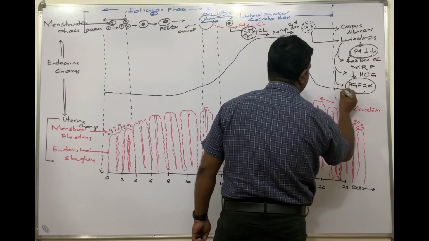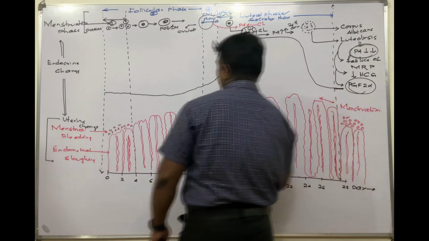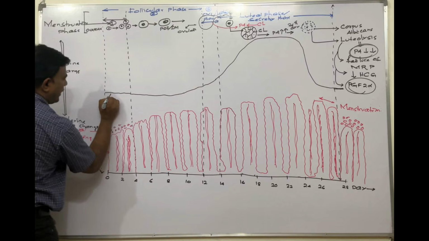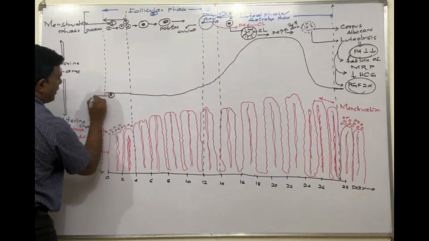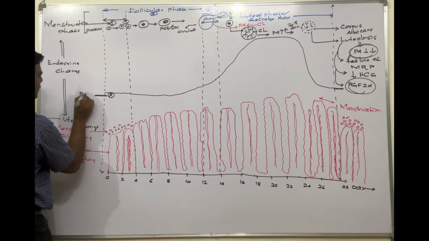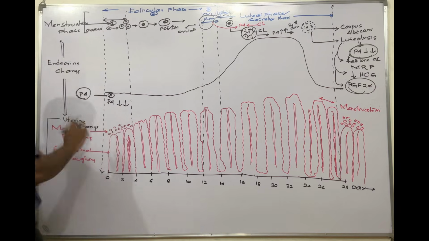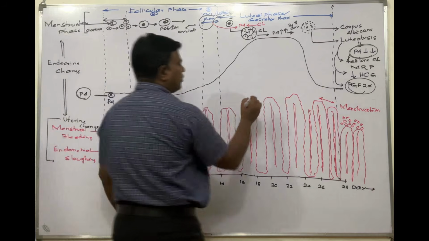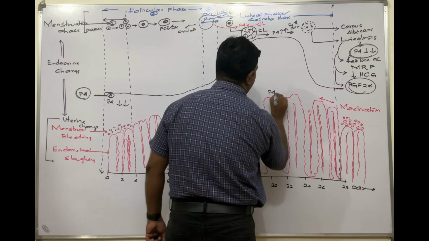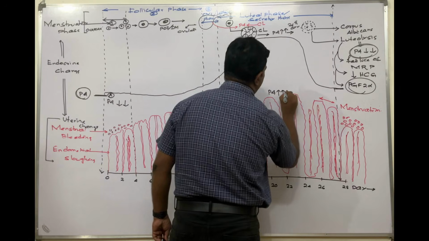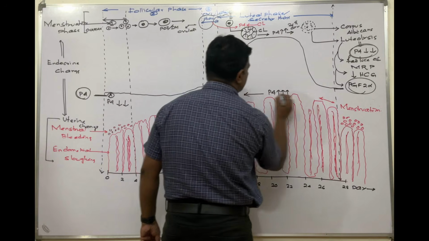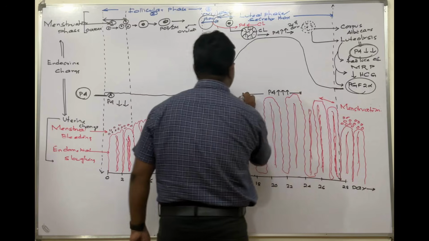So this is number A, and this is progesterone. The lowest level of progesterone is seen during menstruation, and during the luteal phase the progesterone is very, very high. This is the progesterone dominant phase.